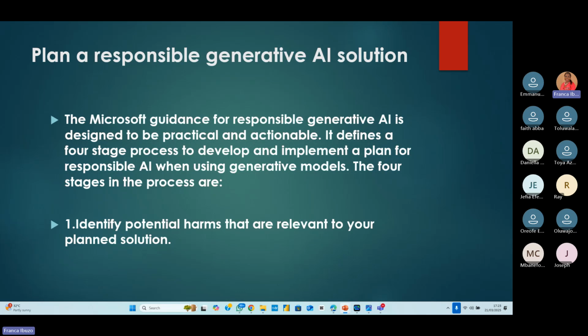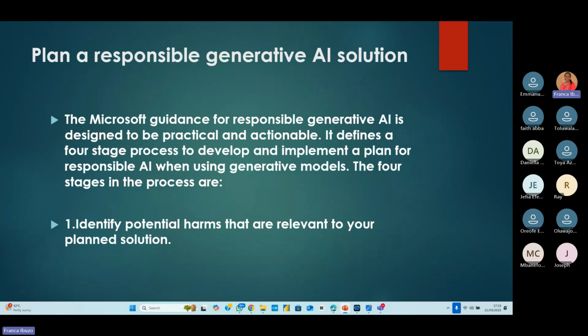So the plan, like we saw earlier, is to plan a responsible generative AI solution. Microsoft guidance for responsible generative AI is designed to be practical and actionable. It defines a 4-stage process to develop and implement a plan for responsible AI when using generative models.